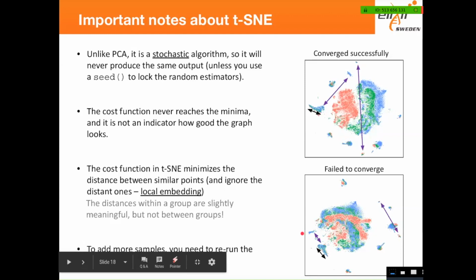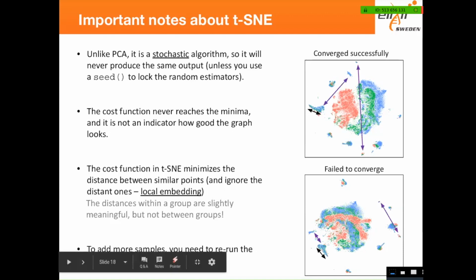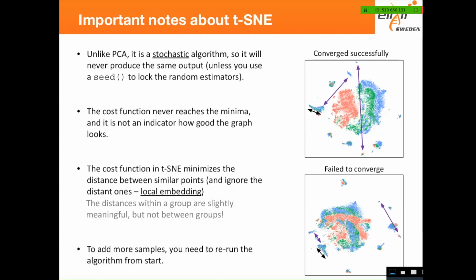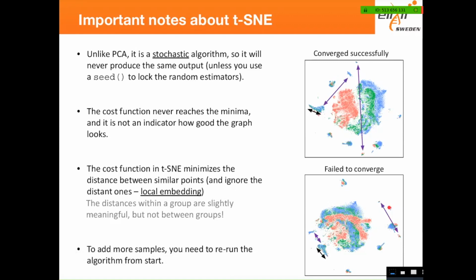Here, like you said, the distance is not meaningful, but it shows that they are separated anyway, right? Yes. So we can be sure, or maybe not sure, but there is good evidence that they are different, but how different they are, we cannot be sure. Even if they are closer here, it doesn't mean that those two are closer than this one. So that notion of distance is lost in tSNE.